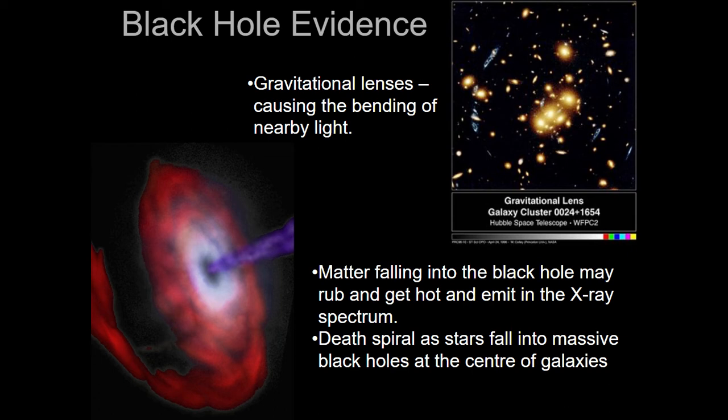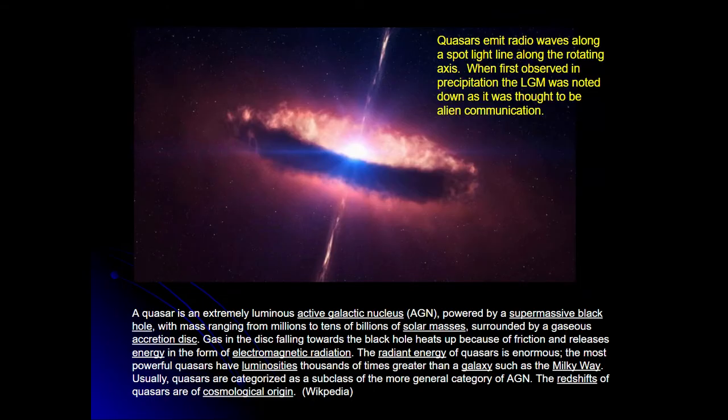Now, these black holes at the center of galaxies are quite interesting because they may come in another guise, as a quasar. Quasars are fascinating. My statement from Wikipedia says they are extremely luminous active galactic nuclei, found at the center of a galaxy and powered by supermassive black holes.